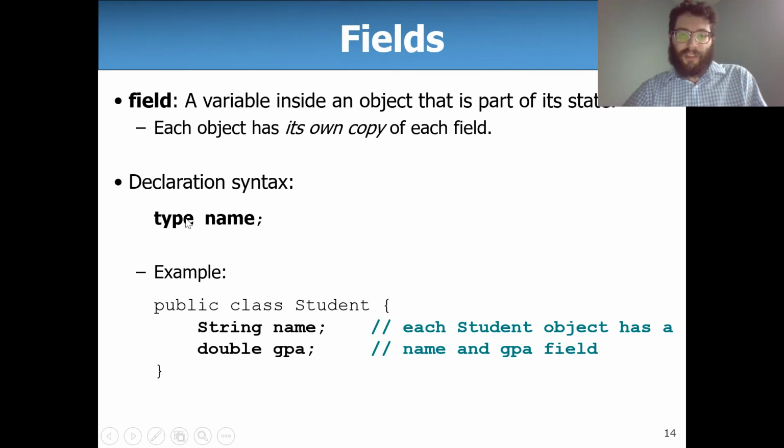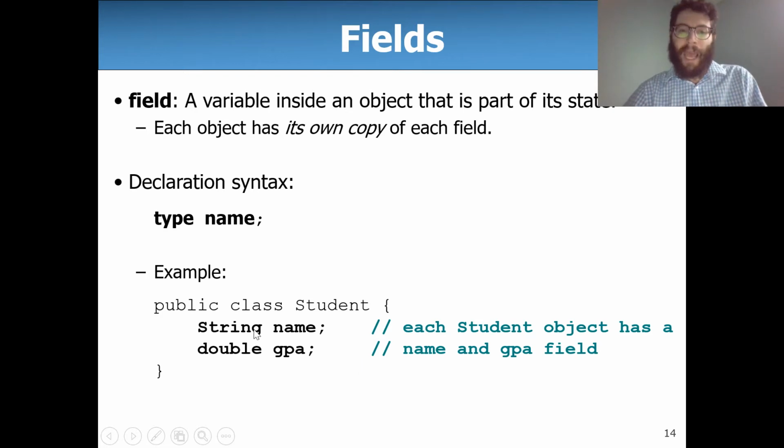To declare what fields are, you simply say this is the type I want, and this is the name of the field. This is the type of the field, this is the name of the field. So, for example, we have the student. If we create a student object, and we define a student as having names and GPAs, we put down a string name. Each student would have their own name, and each student would have their own GPA.